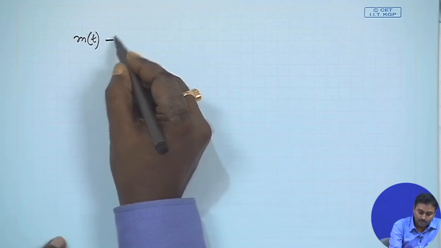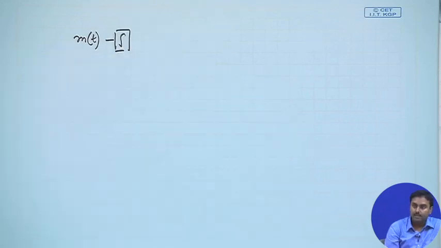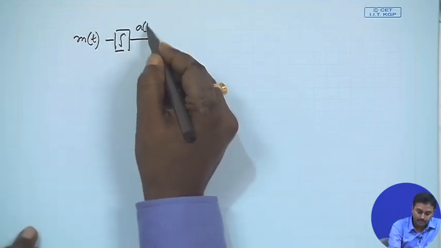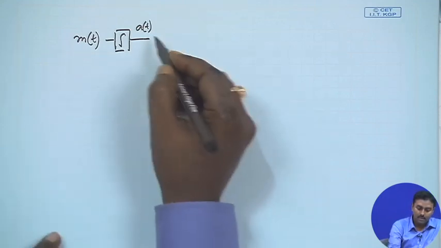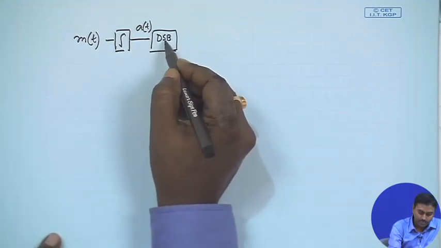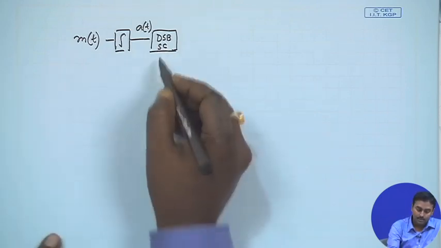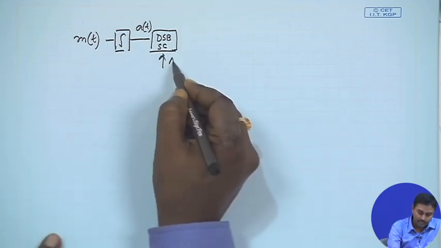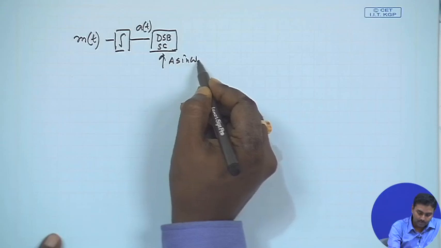So, we take the message signal m(t), whatever it is, put it through an integrator, and get A(t), and then we do our DSB-SC modulation, where we supply sin omega c t.